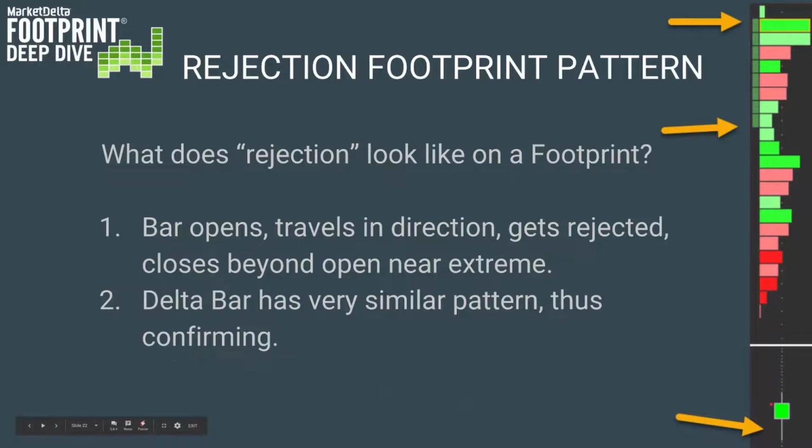It exhibits a very similar pattern to what we see on the footprint. That's important, because we want to see that the delta really was rejected, or came well off its lows as well, to confirm this price direction. If it didn't, then I'm very suspicious of the fact that it closed near its highs if delta didn't give us a nice bounce as well and close in a similar manner.